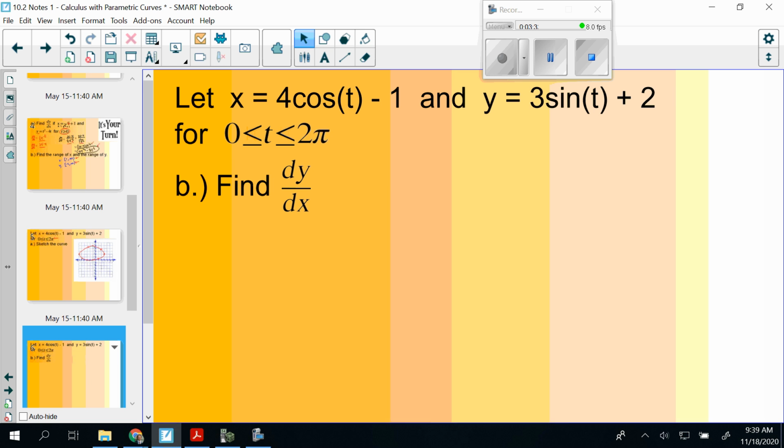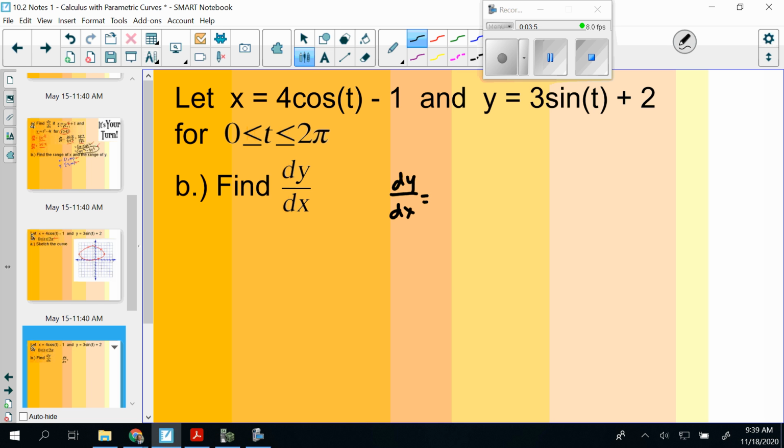All right. Part B, find dy/dx. So now they want us to find this derivative. So our dy/dx here is our derivative of y over derivative of x. So let's find that.